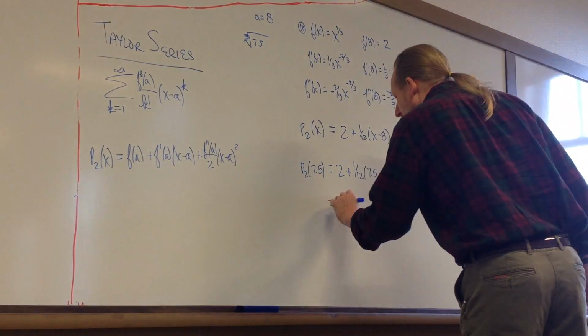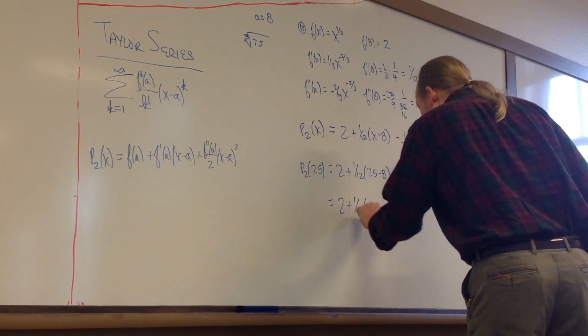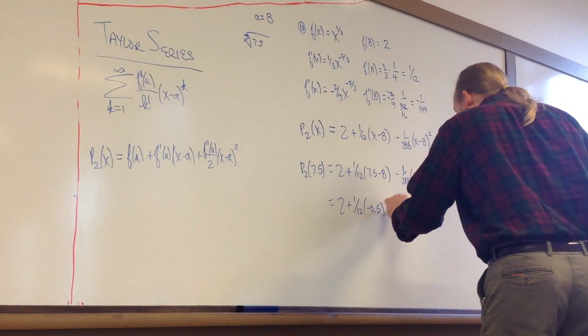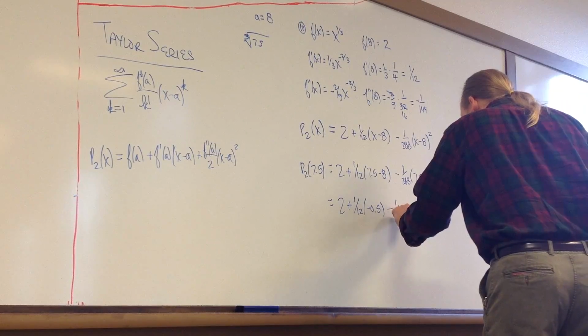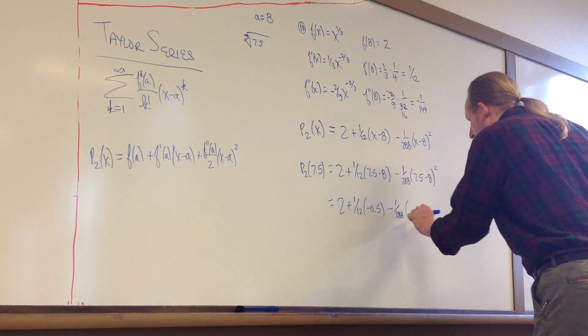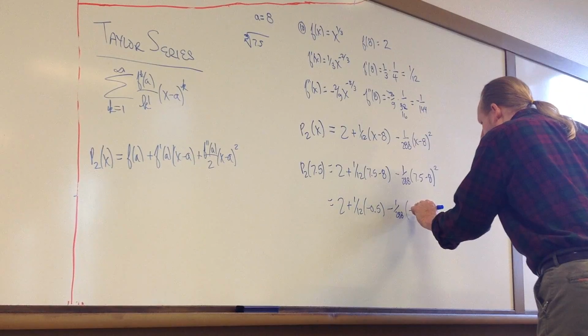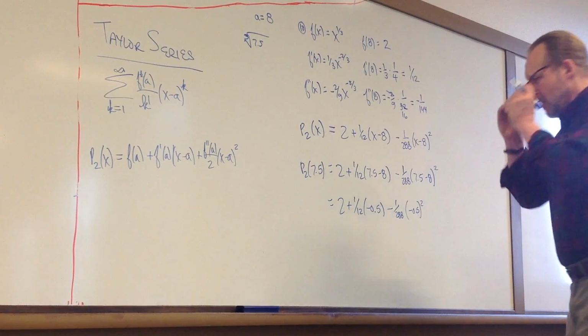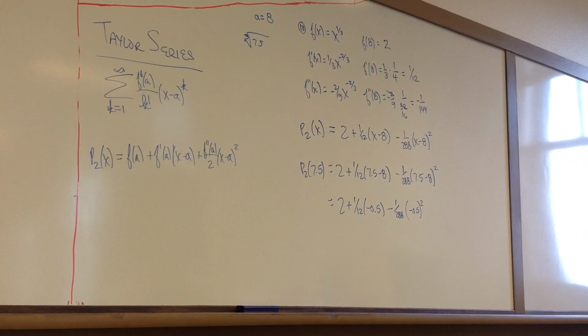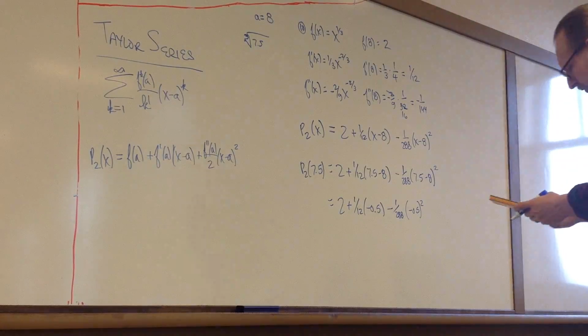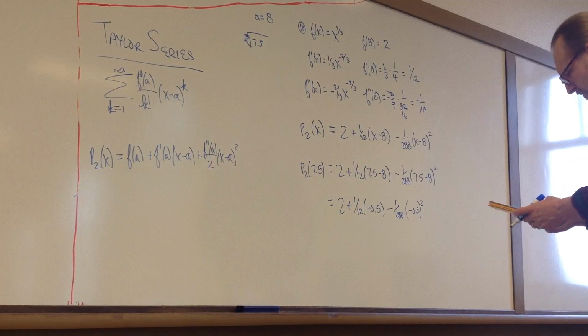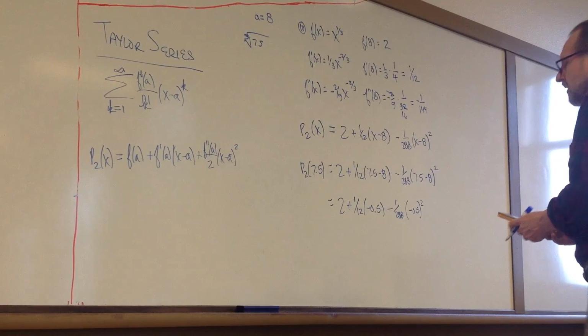So notice now that we're actually calculating this with a negative 0.5 in that place. Negative 0.5 squared. All right, so let's see what this comes out to. So 2 plus 1/12 times negative 0.5, and then minus 1 over 288 times negative 0.5 squared.